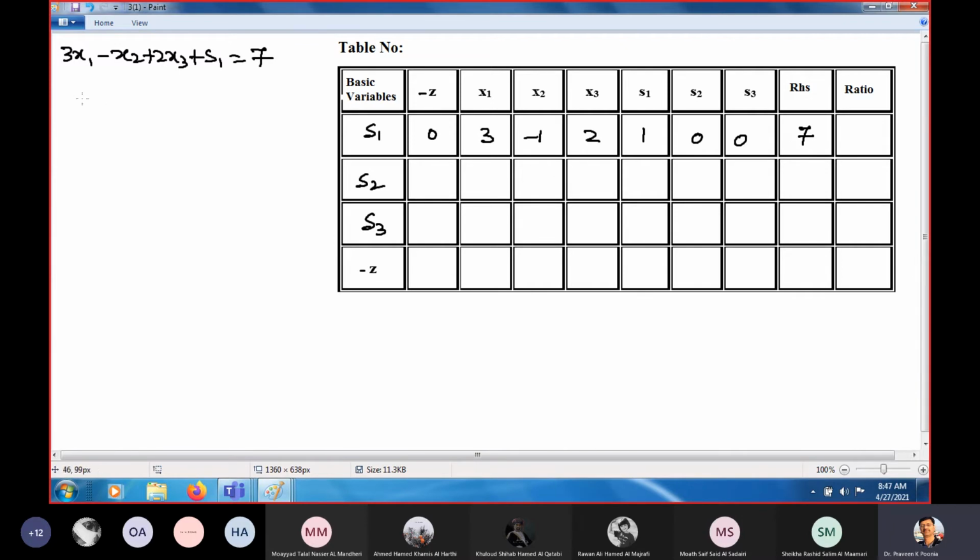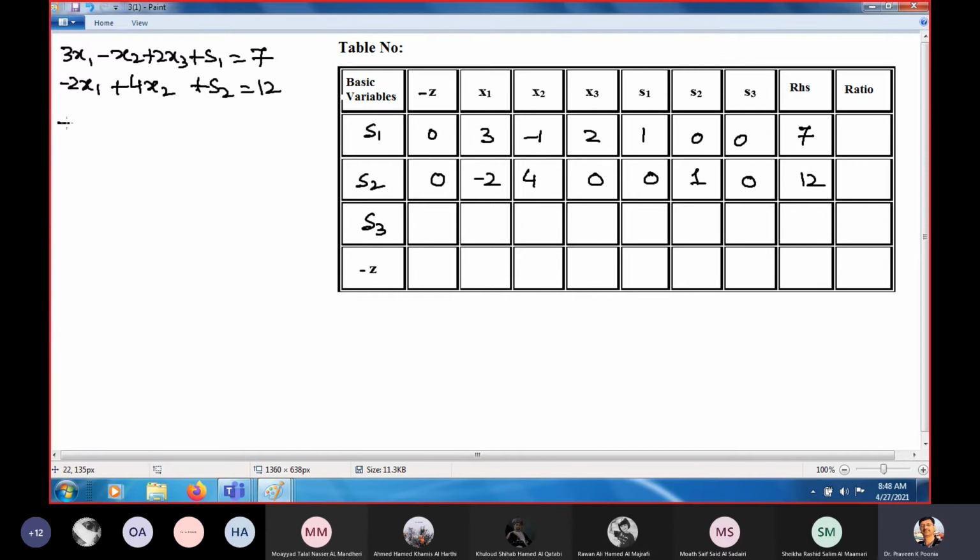Okay. What is the second one? Minus 2x1 plus 4x2 plus s2 is equal to 12. So there is no negative z. Minus 2, 4, 0, 0, s2 is there, 0, and the right hand side is 12.